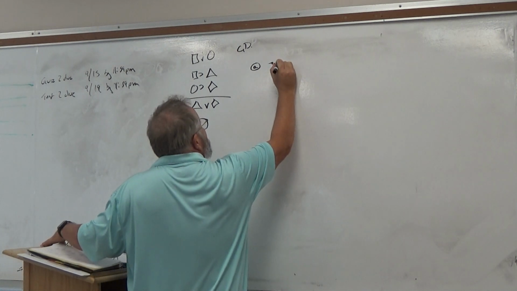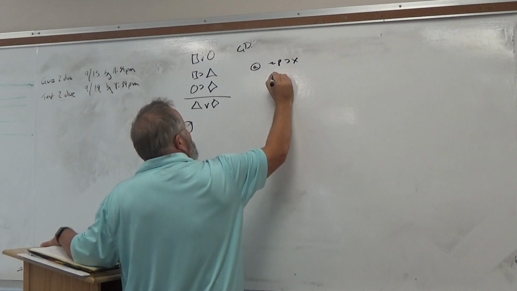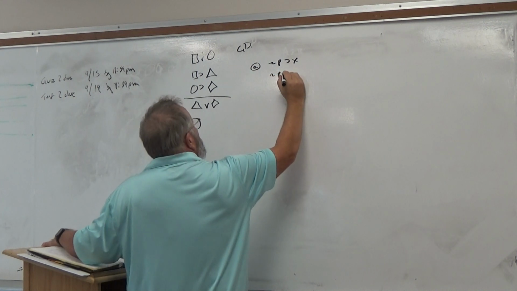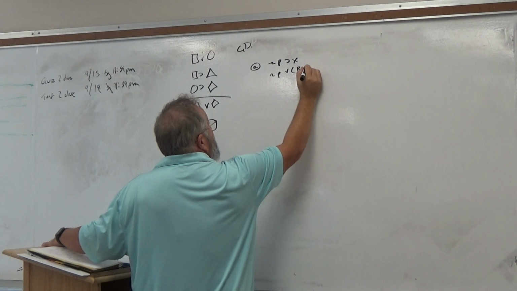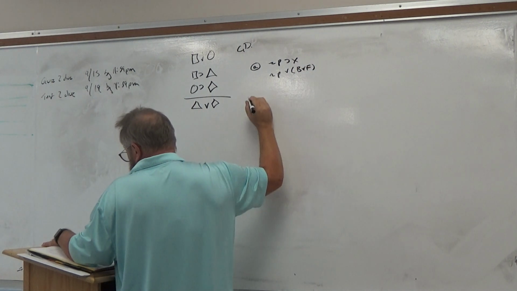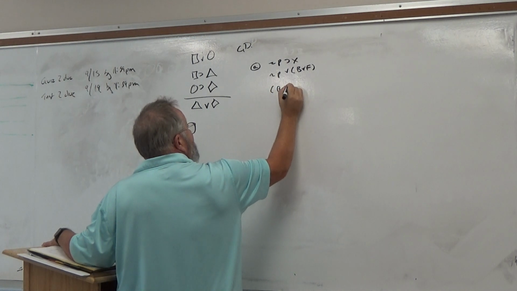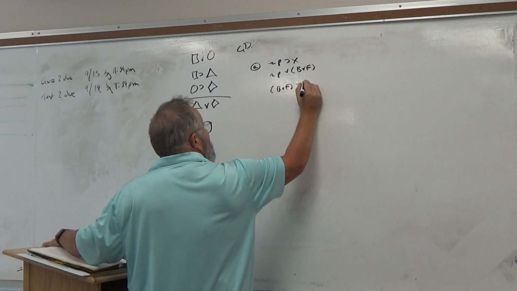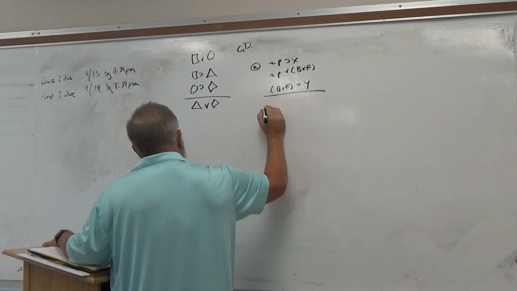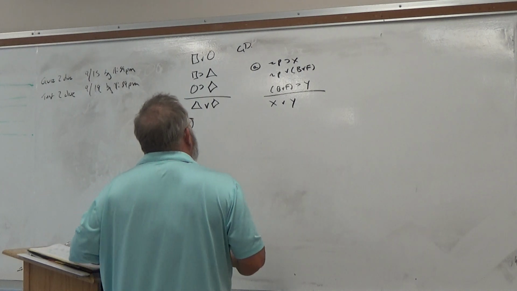A is not P then X, and then it says not P or B or F. And 3 is B or F, then Y, and the conclusion is X or Y. Okay.